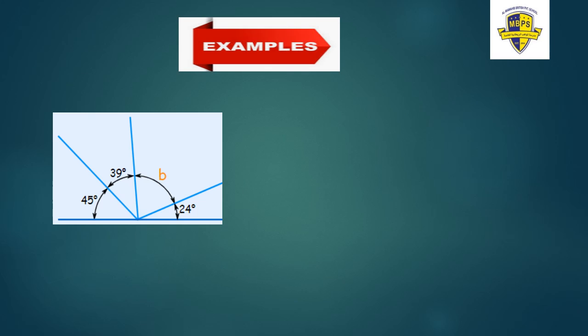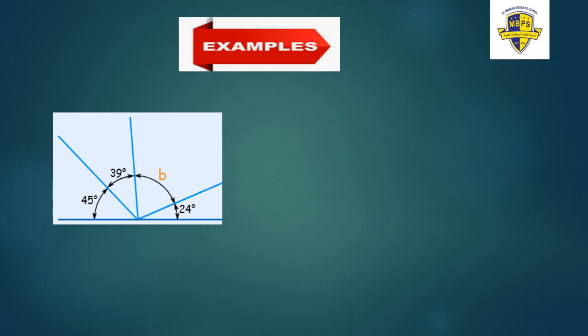This is another example. We can see a straight line, a straight angle, but we divide it into four angles. One is 45, one is 39, one B is missing, we don't know it, and one is 24. How will we find B? We know that 45 plus 39 plus B plus 24 equals 180.